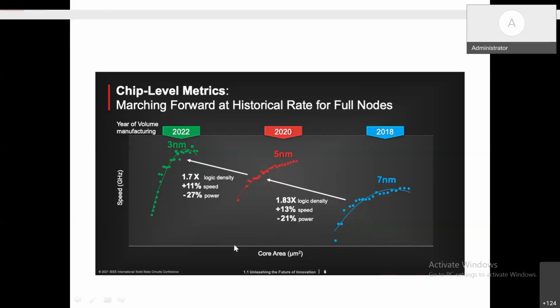You can see that area has been reduced from 7 to 5 and from 5 to 3. Logic density has increased, speed has increased, and power has been reduced. This is the picture at 2022.